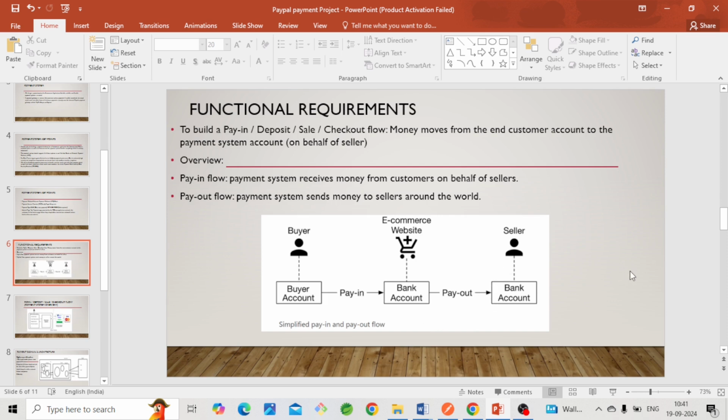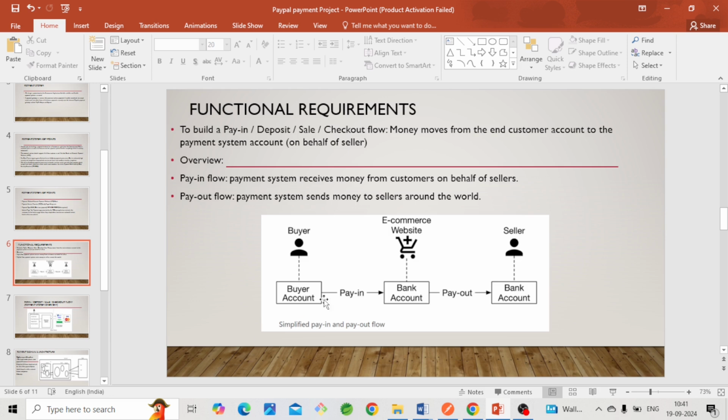Whoever is the seller on the Amazon app, he will get the payment payout. That is the payout process. He will get the money back from that third party PayPal system, after confirmation, when the customer receives that product. Only in that case the seller will get the money back in his account.